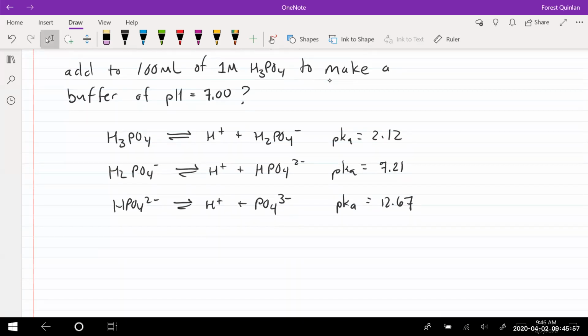Hopefully by now the answer is obvious, but there is a reason why I'm doing this. If we're doing a 7, we might want to get to that 7.21. Does anyone see a potential problem here, Dallas?